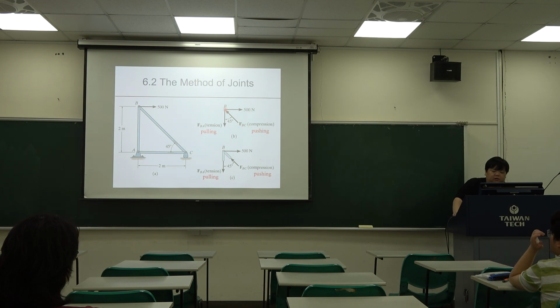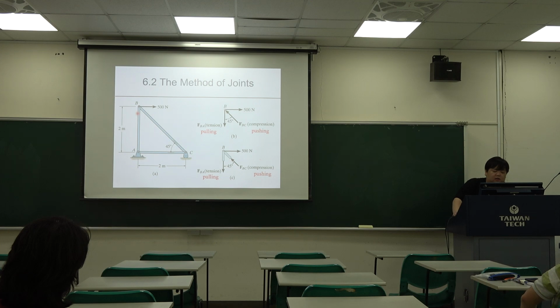So FBC is directed from this direction to point B, which means truss BC gets compression, and truss BA gets tension, the tensile force.